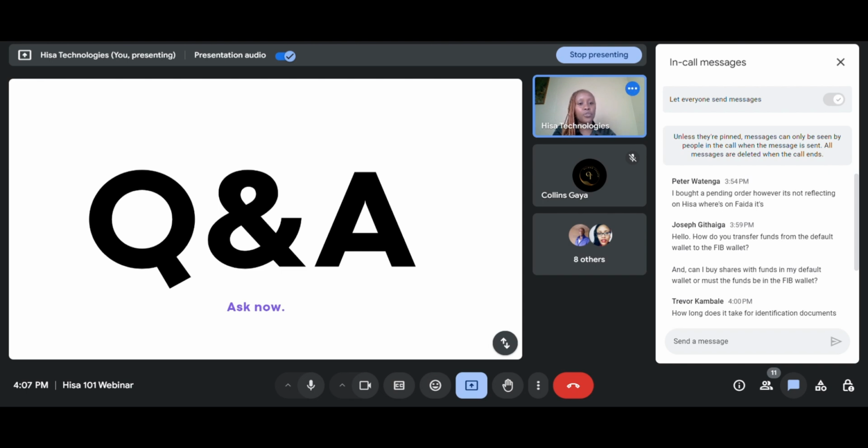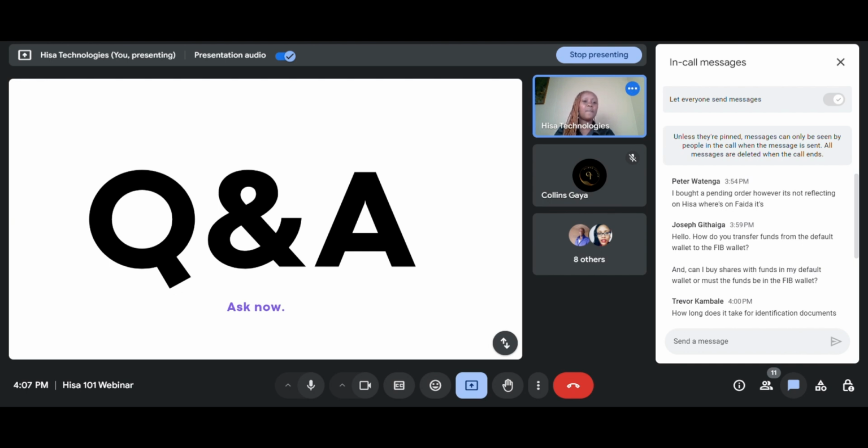Peter, if you have already refreshed the page and it has not yet reflected, kindly email us and we'll be in a position to assist you. However, this should not be an issue. Whenever you find that the app is not updating, just refresh the page or log out, then log in. If the issue still persists, get in touch with us, we'll assist you.